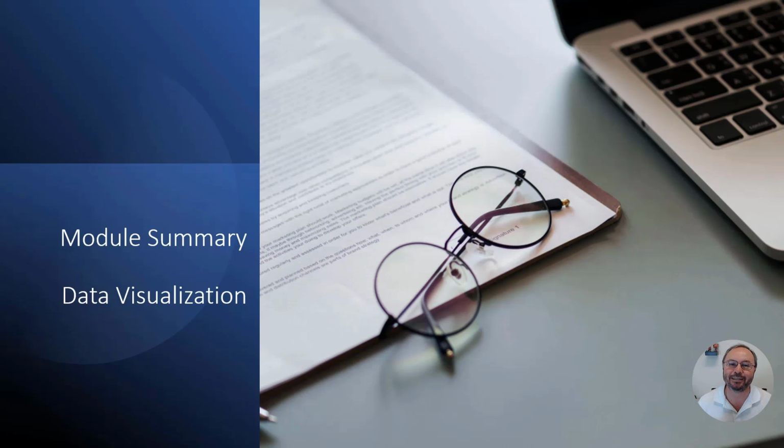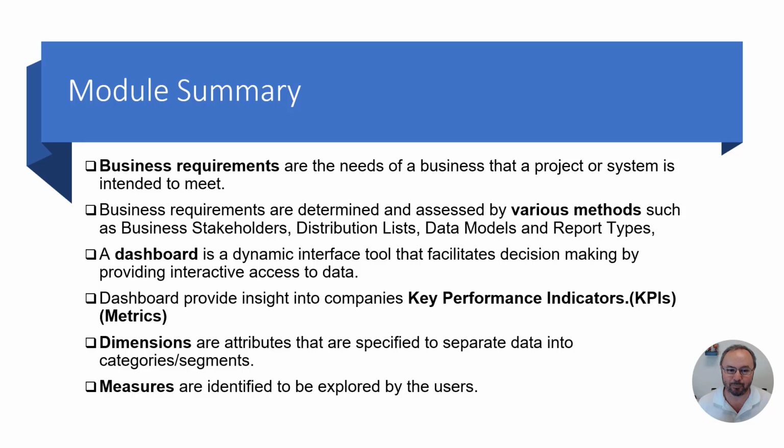Module summary. Let's go through a short review of what we covered in the module. We talked about the importance of business requirements and how we need to be able to meet those requirements that are presented to us by the stakeholders. Now, business requirements are going to be determined and assessed by any number of approaches.